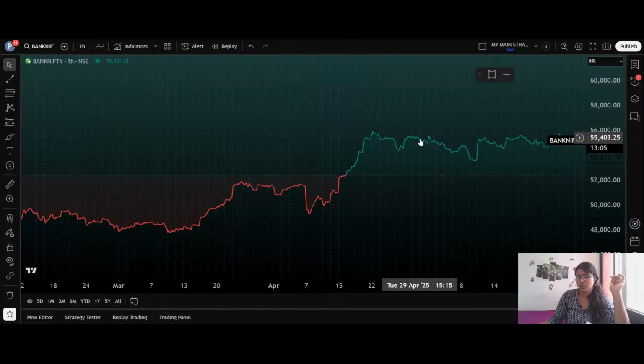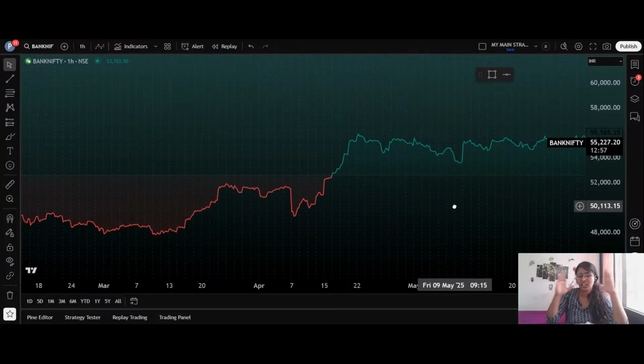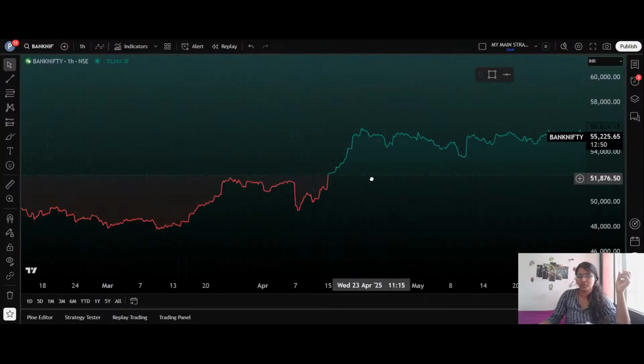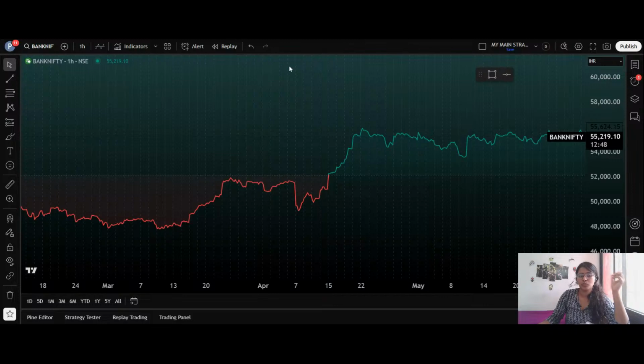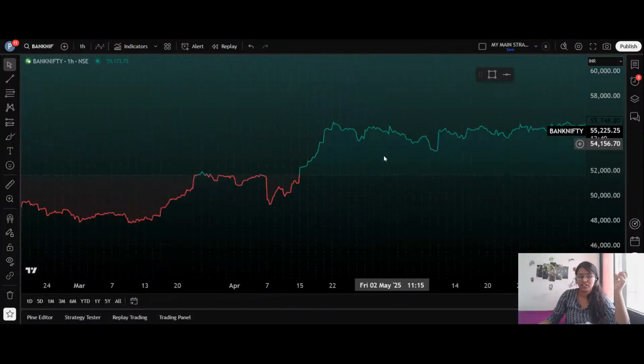If the price goes above this, I'll do some selling or buying. If the price is below this, I'll do something else. So to decide the baseline and see a clear view of the market, rather than open, high, low, and close, rather than the normal candle, the baseline chart is used when you want just a baseline reference: if the price goes above this I'll do this, if it remains below this I will do that.